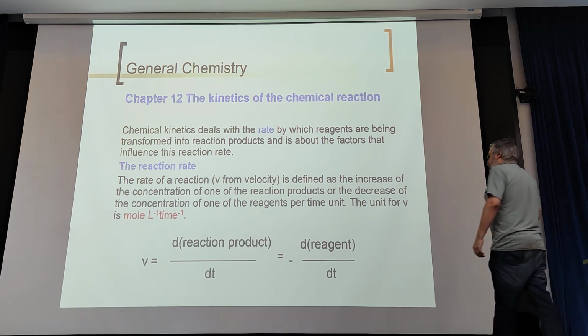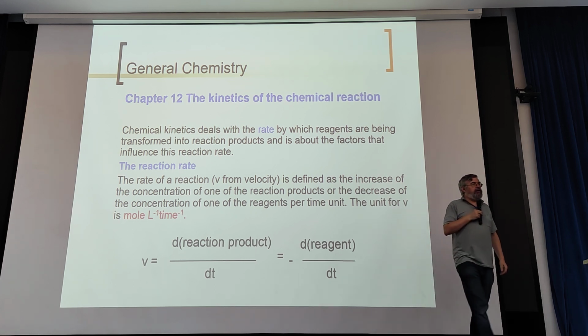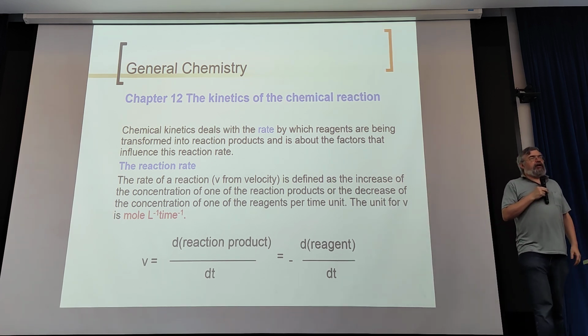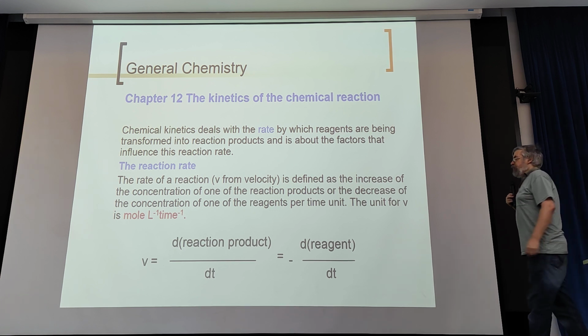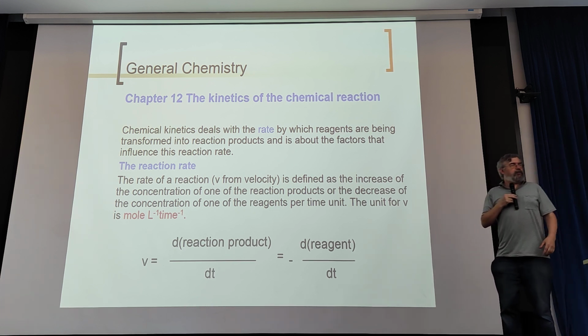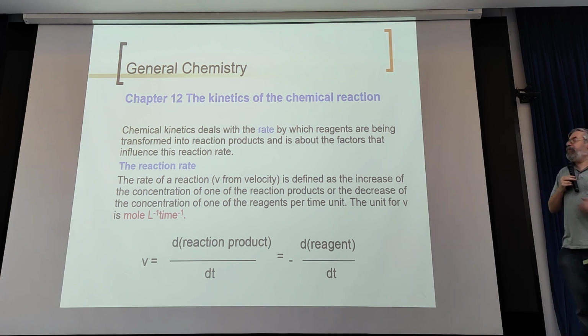If you look from the reagent, of course, they are decreasing. So this is a negative. And you can see it as a function of the time. So this could be also seen, in fact, as a kind of differential of reagents or products in time.